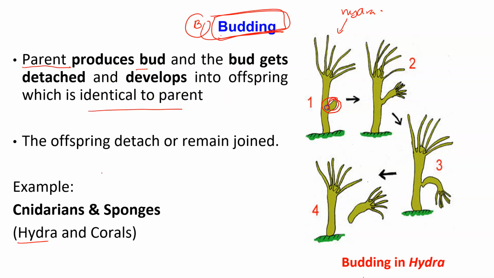The bud will start to form and grow into a new individual. This individual will either remain attached to or detach from the original parent. Examples of organisms are cnidarians and sponges, such as hydra and also corals.